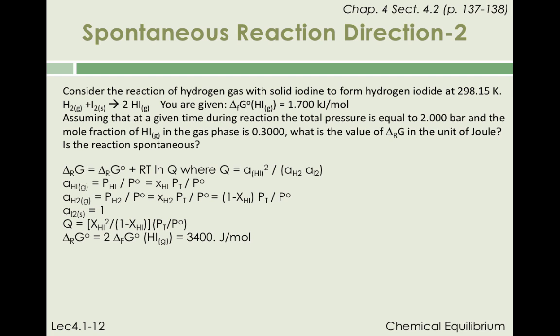We now carry out the same calculation at a later stage of the reaction when the mole fraction of HI in the gas phase has reached a value of 0.3.